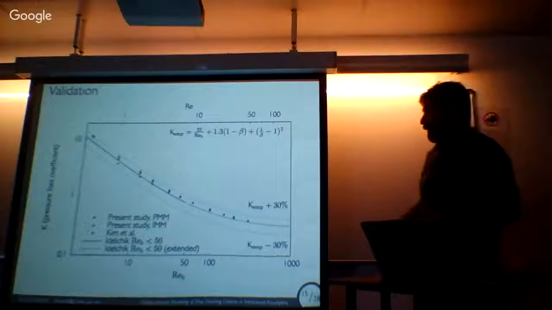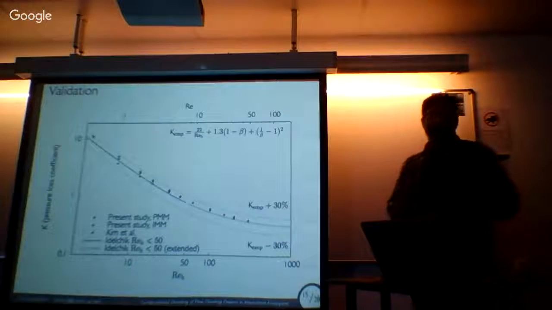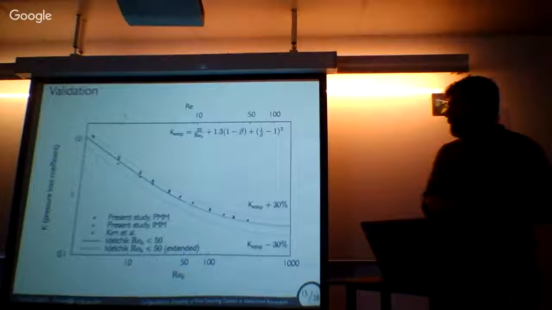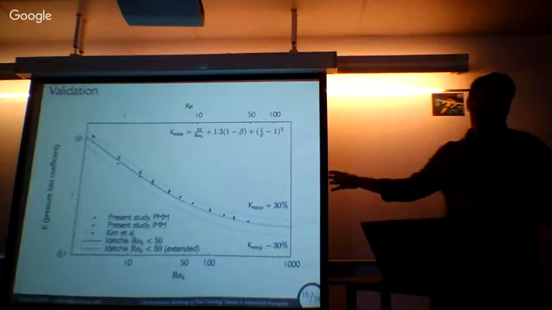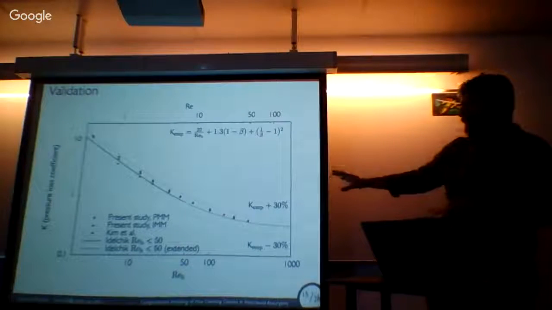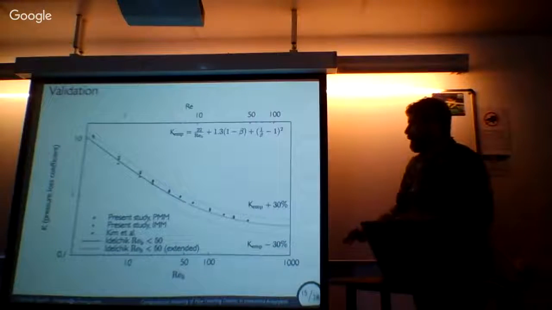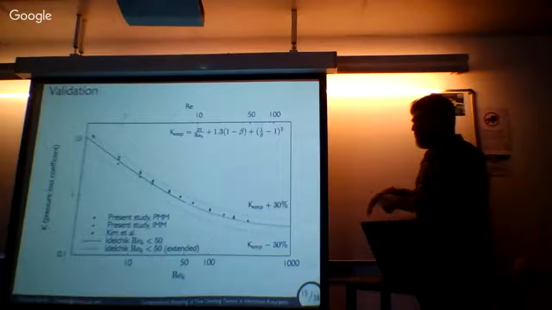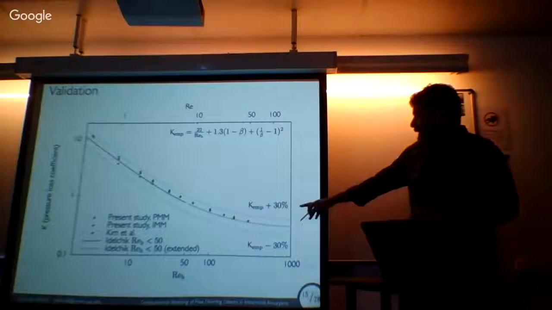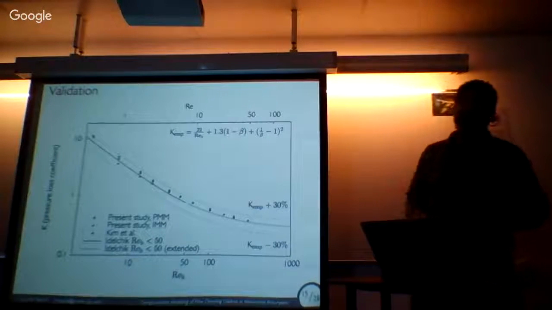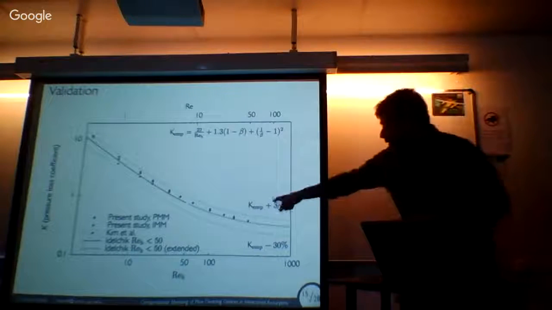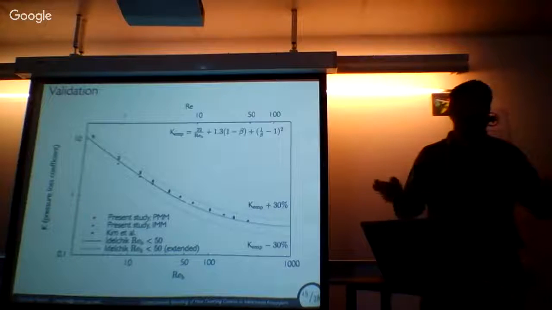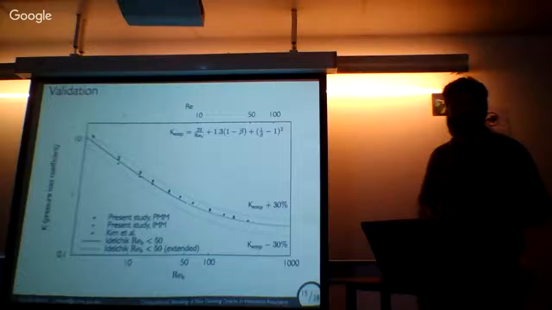We are comparing here the porous method. I'm probably going ahead and showing results before showing how we obtained them, but I wanted to finish with the questions fast. The red dots here are the results obtained with the porous method. The blue dots are the results obtained with the traditional immersed method that we were using at the lab.